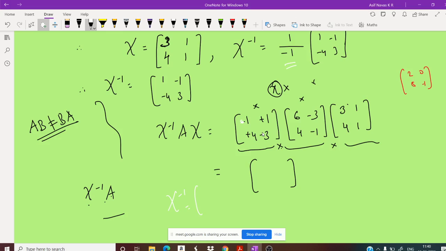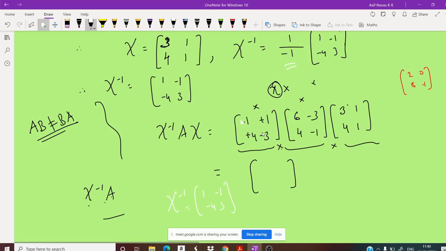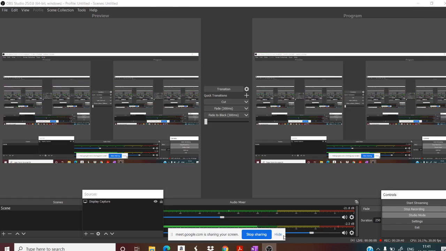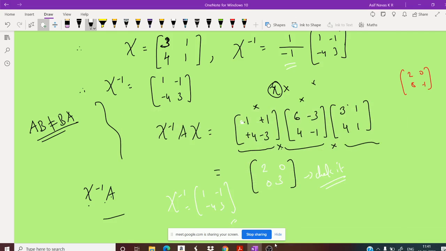Adjoint of A divided by determinant of A. So the X inverse is 1, -1, -4, 3. Now if you multiply this, tell me what is the answer. Is it 2003? You have to check it. Okay. So if you find X inverse A X, you will get a diagonal matrix whose diagonal entries are the eigenvalues of A.